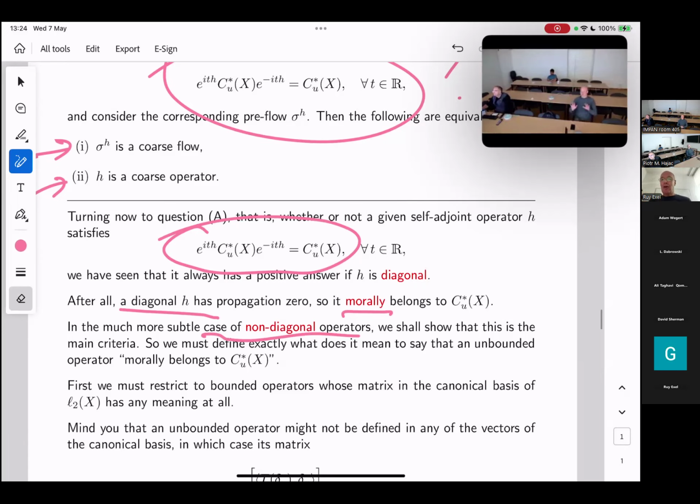Okay. So that sentence here is that we must define exactly what it means to say that an unbounded operator morally belongs to C star U of X. Oh, yes, I see. So the first point is that we have to lower the bar and speak only... there's a typo here.